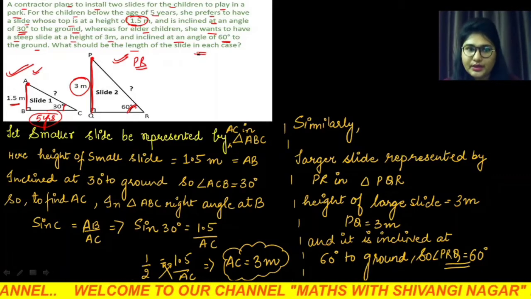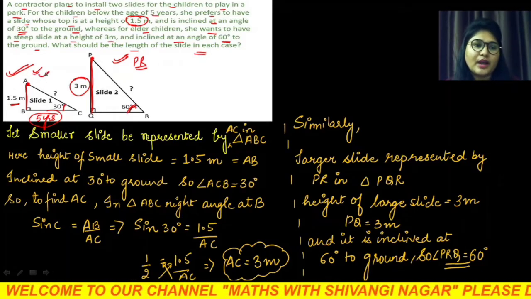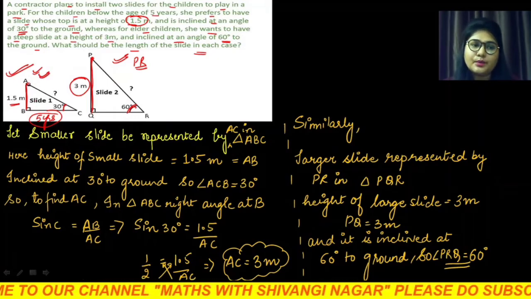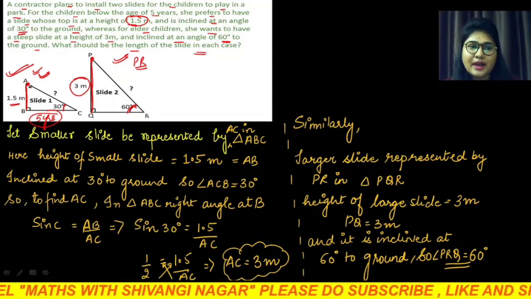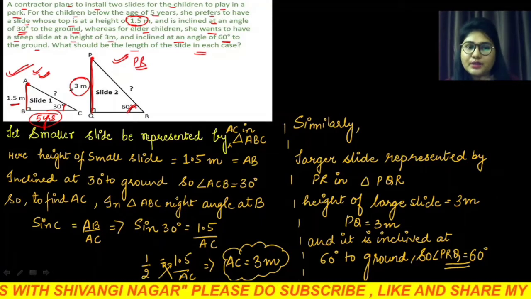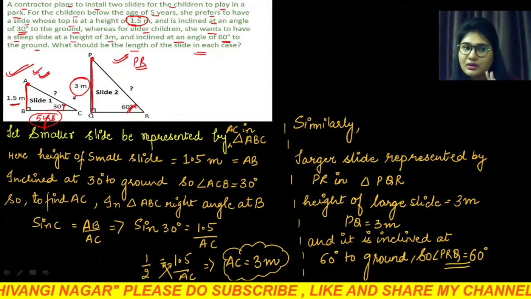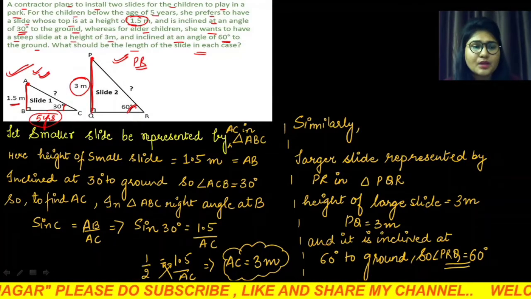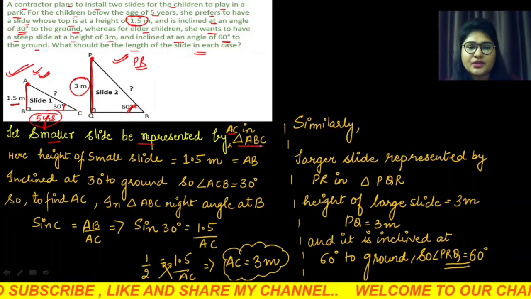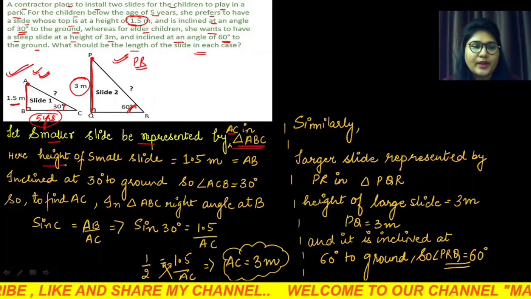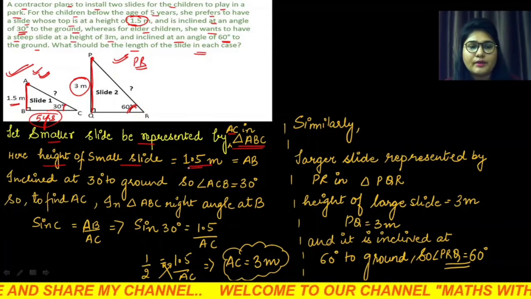Now see how to proceed. First we will work on triangle ABC, and we will compute AC, the length of the slide for below 5-year children. Let the smaller slide be represented by AC in triangle ABC, where the height of the small slide is 1.5 meter.